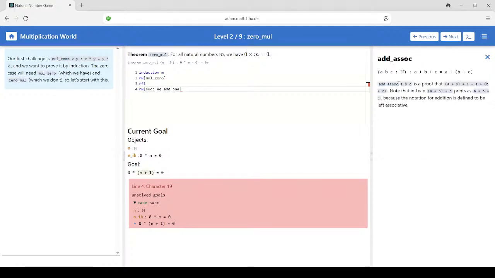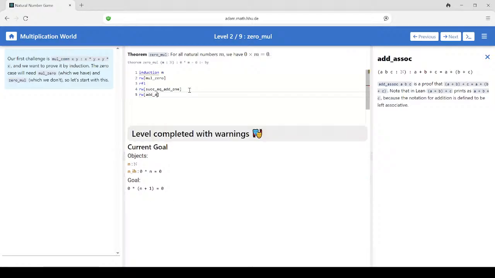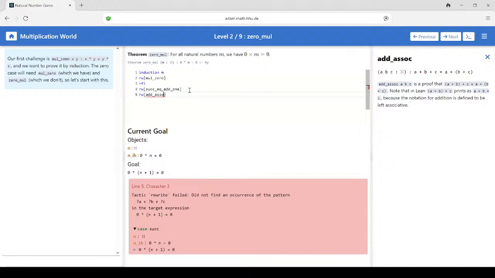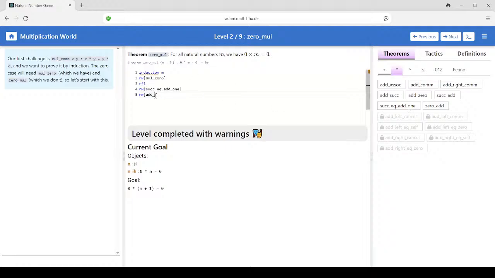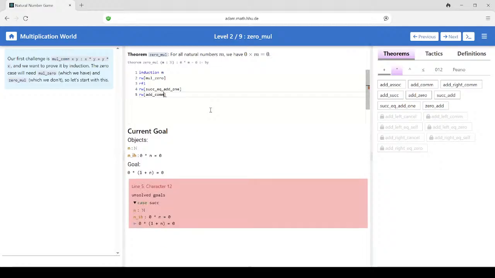No, the associative. And that can change the order of the parentheses. No, that's not it. What about commutative? Whoop, that did something. What did it do? Oh, it just switched these around. I don't know if that helps us.